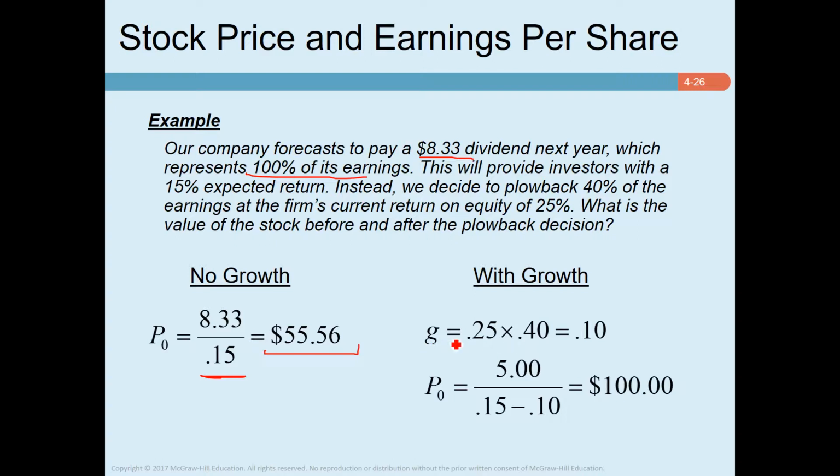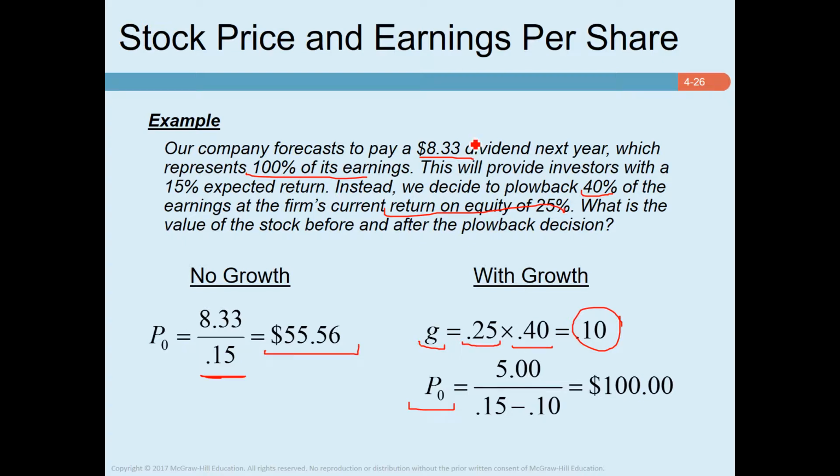Now with growth, first of all, we calculate growth rate. You can remember growth rate is the return on equity, 25%, multiplied by the plowback ratio, 40%. So this is the growth rate. Now the value of the stock is the dividend.